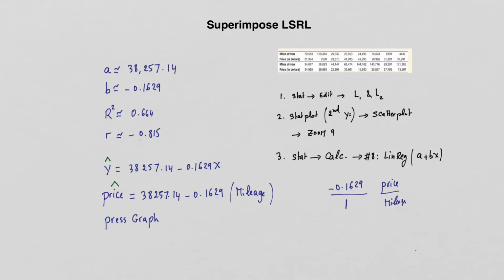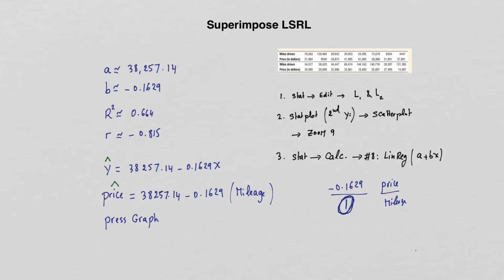So for every extra mile driven, you're expected to lose a little over 16 cents. That's what it means. So if I say interpret the slope in context, you'll say for every additional mile that is driven, the car is expected to lose a little over 16 cents.